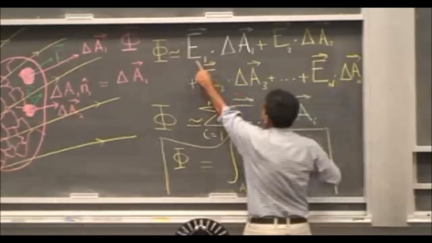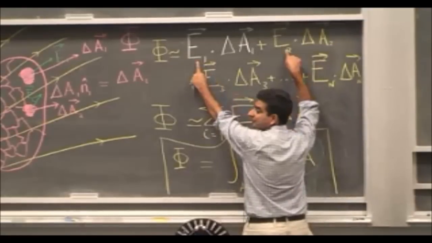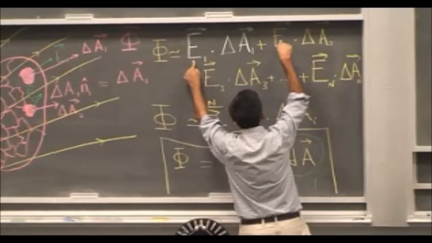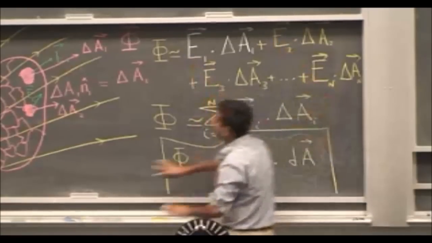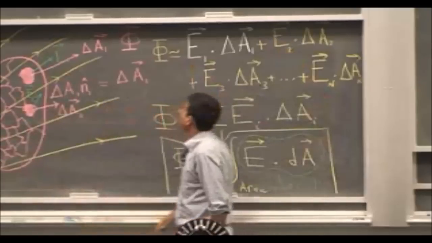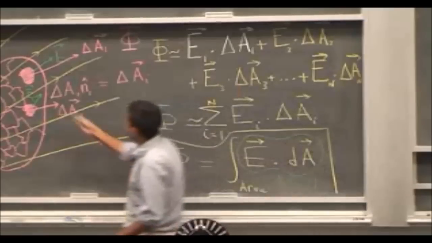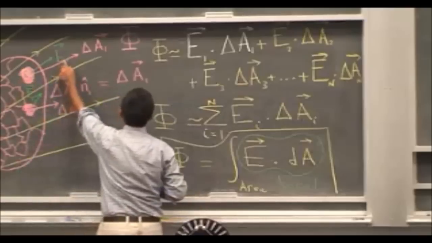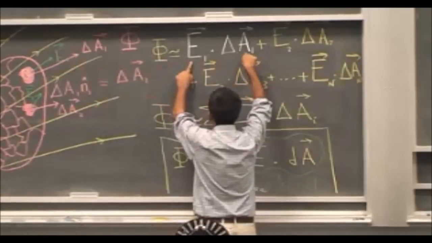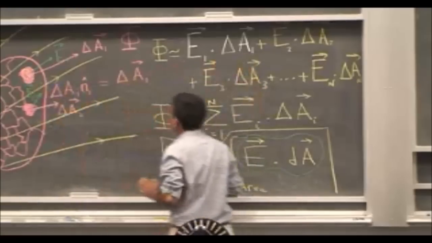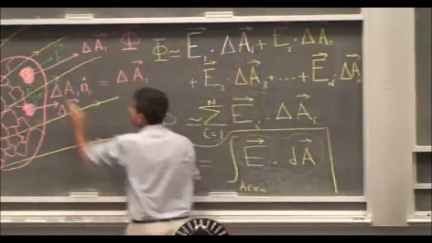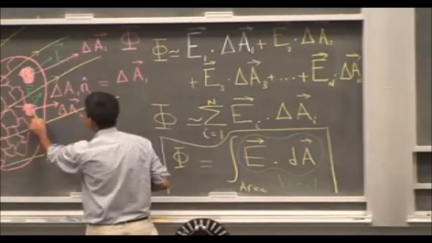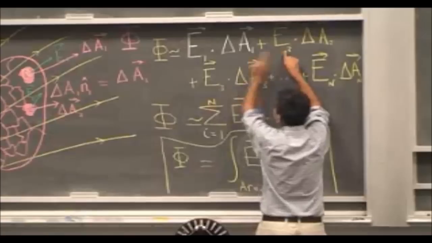Now, is this electric field the same as this field? Yes or no? No. These fields are all different. E1 is different from E2, E3, En because the electric field is changing in space. But for each point, I first take patch number 1. I take the electric field at this patch and find its dot product with the area of this patch. So I take into account what the electric field is at this patch. Then I take some other patch, this patch. Here the electric field is different. It's called E2, it's not E1.